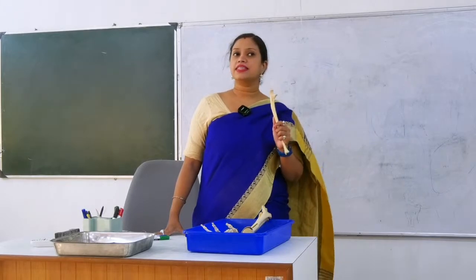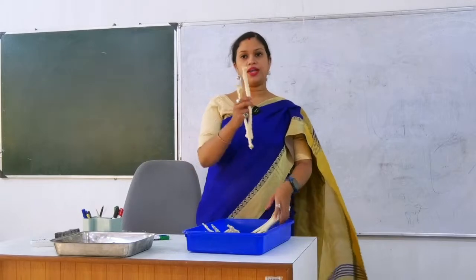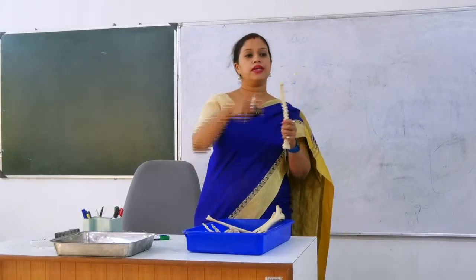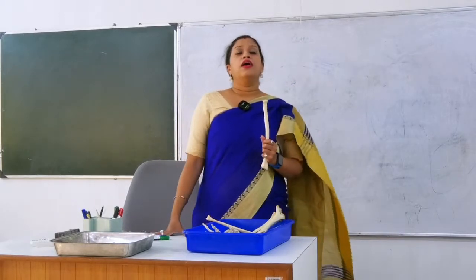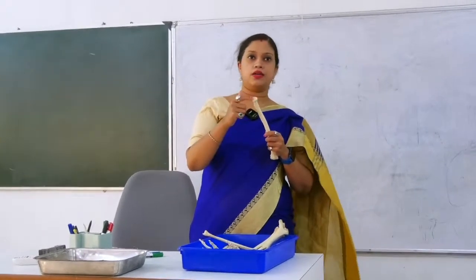Okay. Anything else attached? Radius, just remember the head of radius. I told you what are the things that are attached. Number one is the articular disc. Next one would be the capsular ligament. Then the radial collateral ligament.